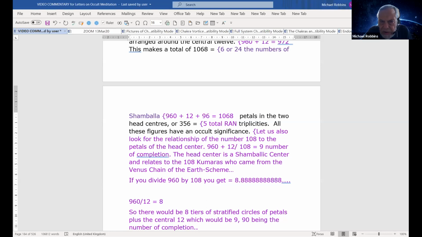So basically, there could be 10 tiers of 96, and see, 9 and 6 is 15 is 6, okay. Or we could have 8 tiers of basically a 12-fold configuration, plus the central tier, or the central 12-petal lotus, the heart and the head, and that would round it off to 9.